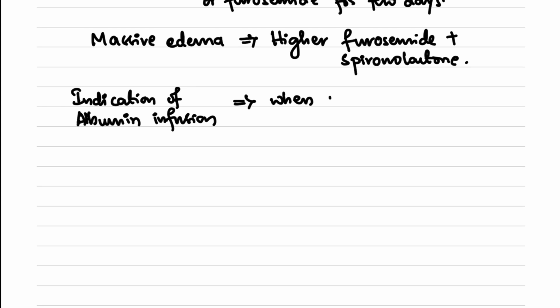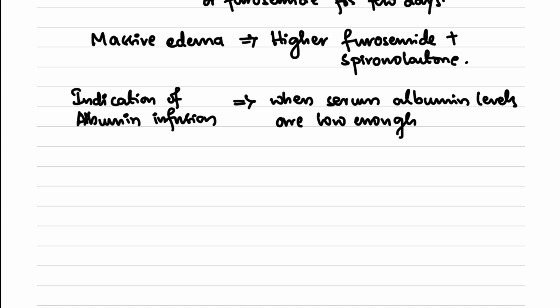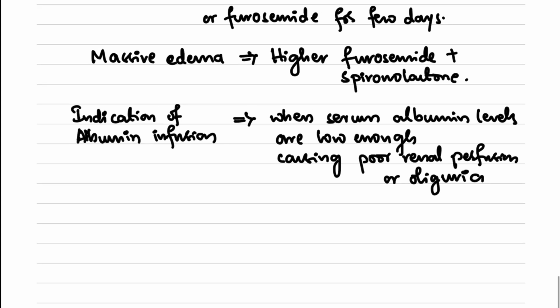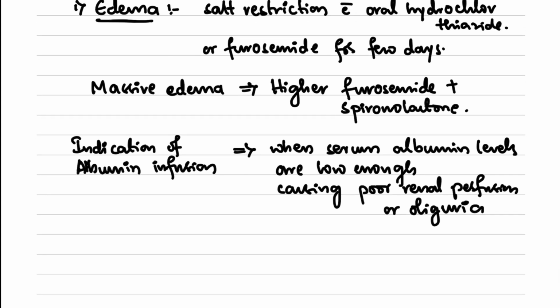That is when serum albumin levels are low enough, causing poor renal perfusion, or you can say oliguria as well. So because of low serum albumin, if the patient is having poor renal perfusion or oliguria, that is when we need to decide for albumin infusion.